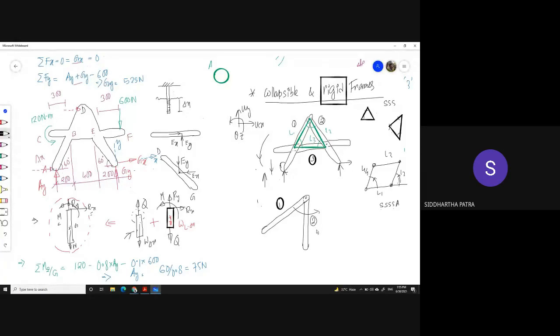So to start with, this frame, when not constrained, didn't have just 3 degrees of freedom. It also had a 4th degree of freedom. Okay, so it had all the 3 rigid body degrees of freedom. That means it could rigidly translate in X, rigidly translate in Y, and rigidly rotate about the Z axis.